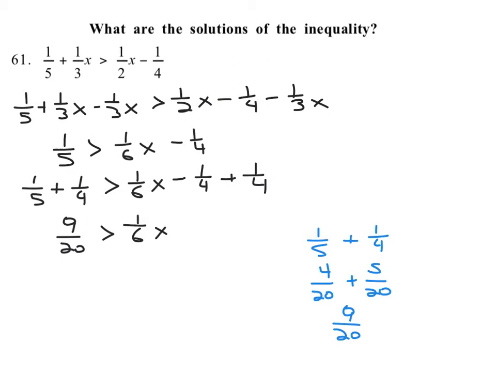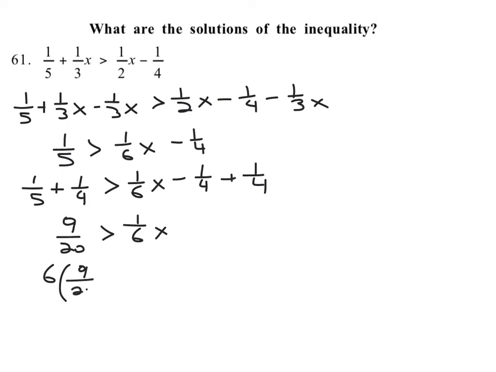Okay, just going to erase this. And what do I need to do now? Well, I need to multiply by the reciprocal of the coefficient. This coefficient is 1/6. Multiplying by the reciprocal is 6/1, or 6. So I multiply both sides by 6. 6 times 9/20 is greater than 6 times 1/6 x.